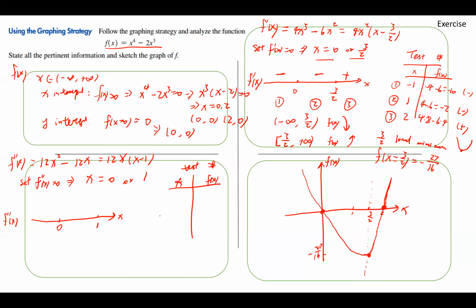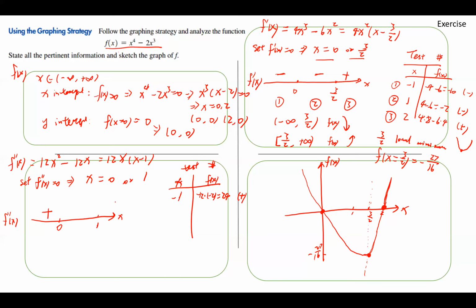We need to plug in 3 numbers to determine the sign of the function. So for x = −1, the second derivative will be 12 × 1 + 12 = 24, which is positive. So in this region, it's going to be positive, right?